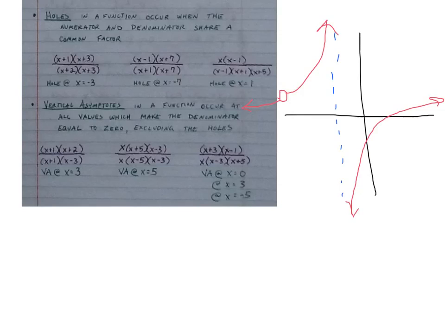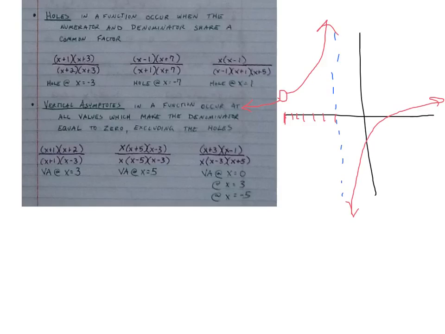For this graph, it looks very similar in the sense that we have this vertical asymptote that it approaches, but the focus right now is just the hole, which occurs at negative 7. So we got negative 1, negative 2, negative 3, negative 4, negative 5, negative 6, negative 7 is where the hole on the graph occurs.